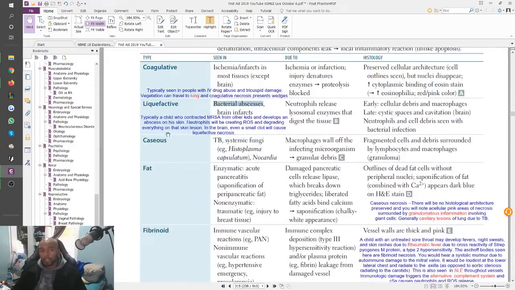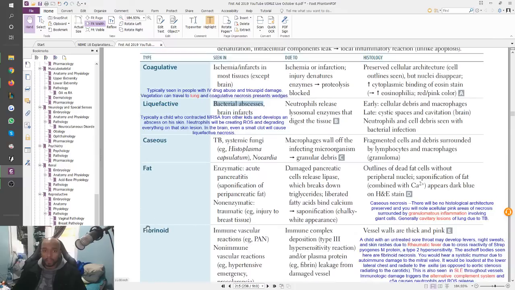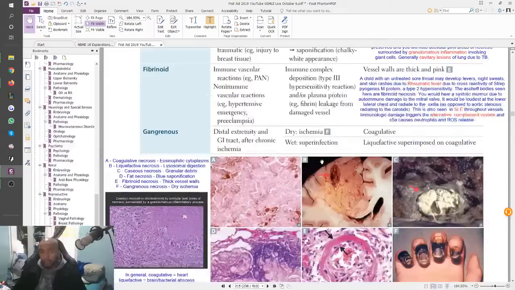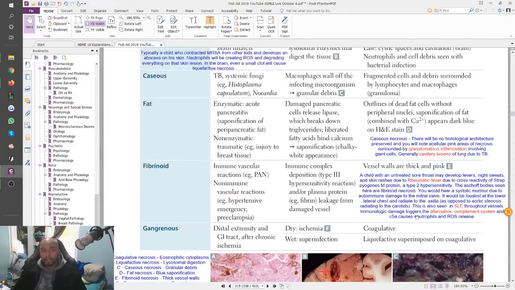Okay, caseous, fat, fibrinoid, and gangrenous are very straightforward. They're completely unrelated to stuff. Caseous necrosis looks very cheesy, and it's because macrophages are walling it off. And you see how it looks? It looks like you filled it up with cream cheese. So that's pretty easy stuff.